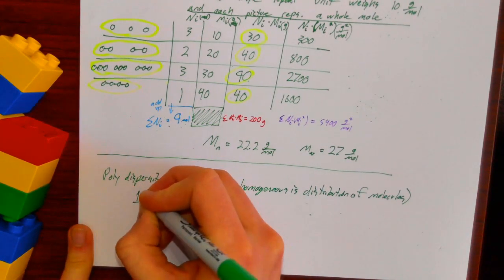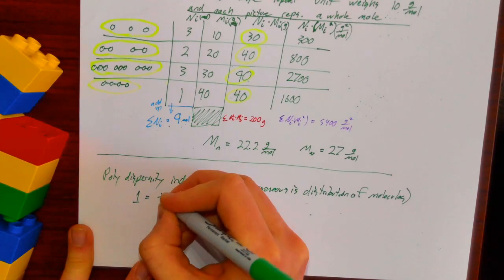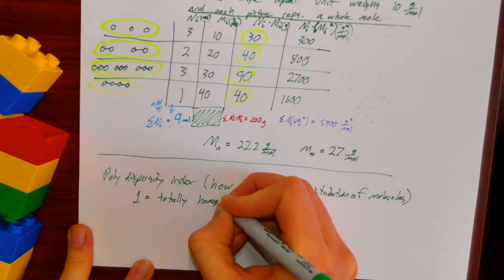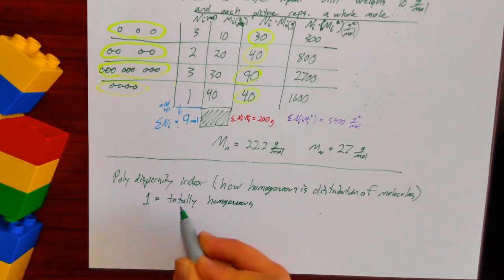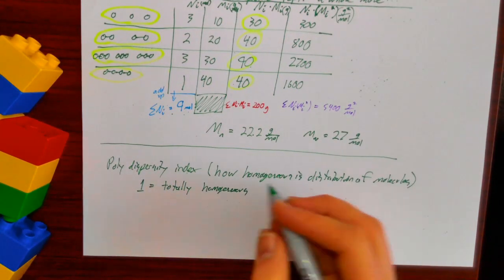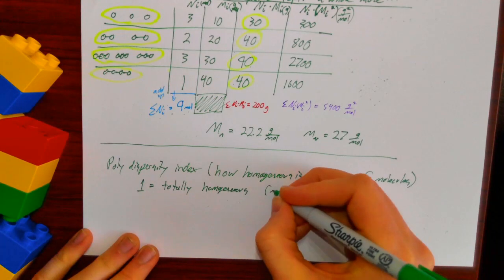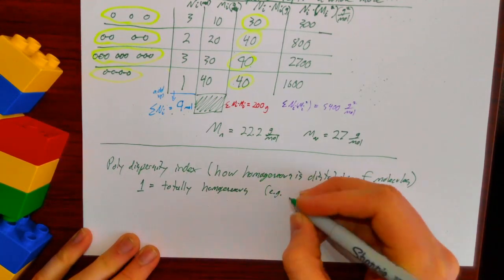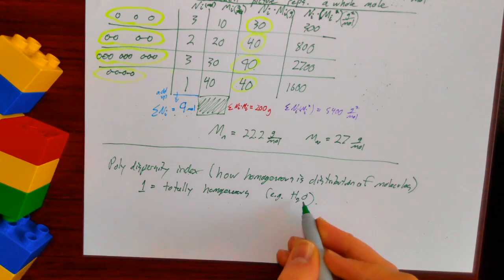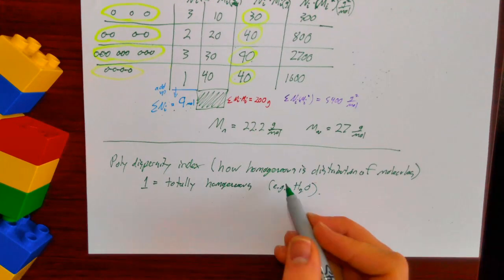A polydispersity index of 1 means it's totally homogeneous. If it differs from 1, then you have a dispersed population. If we did this calculation for water, the polydispersity index would just be 1, since every H2O molecule is the same as all the others.